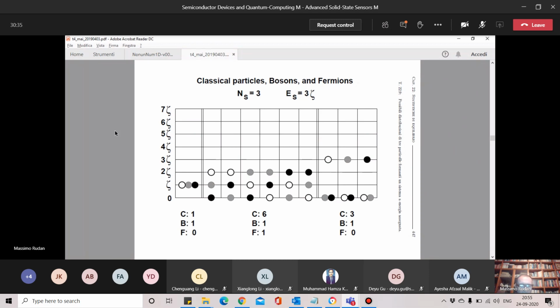So it is reasonable to understand that if you take pictures, a larger fraction of the pictures will show the system in the positions 0, 1, and 2, simply because there are 6 possibilities. Instead, there is only one possibility for the 1, 1, 1 case, and 3 possibilities for the 3, 0, 0 case.